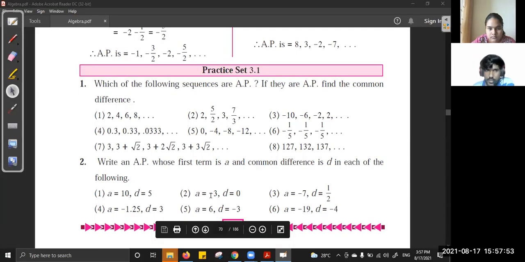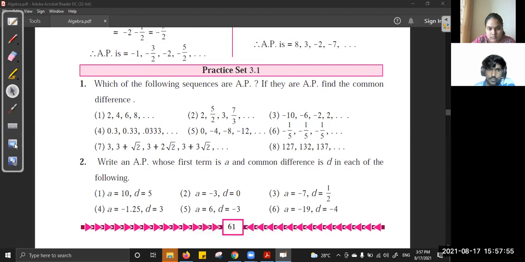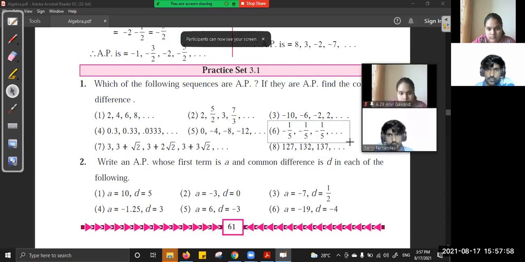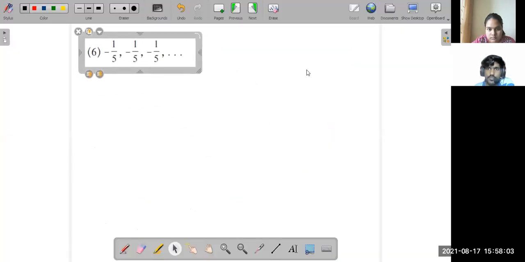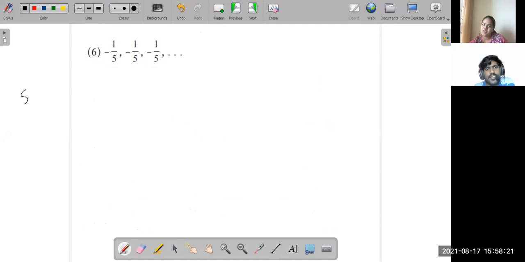Will you be able to do the sixth one? Just fractions. Try it. Can you do this one? Maybe this will end up to 0, 0, 0. Yes, correct. Common difference will be 0. You're right. So then I can do that. Yeah, do it.